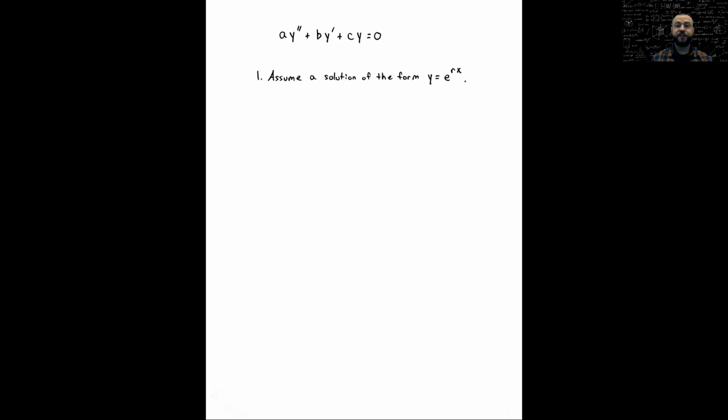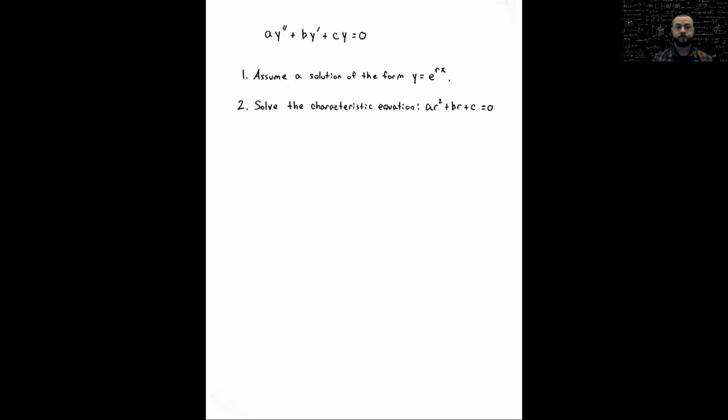All right, before we do that, let's just give an overview since there were a lot of terms. So our first step, we assume a solution of the form y equals e to the rx. We plug y back into the differential equation, calculating the first and second derivatives. And what we arrive at and what we solve for r is this equation called the characteristic equation.